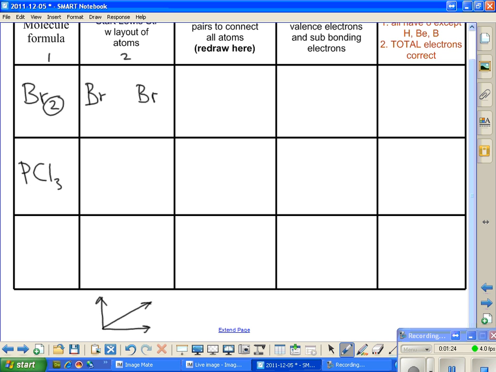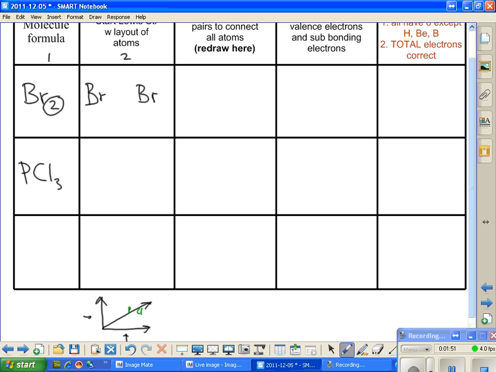So as we go up a column, the electronegativity is going to get bigger as we go to the top. The row will get bigger as we go to the right. So as we look at phosphorus, phosphorus would be right about here in the periodic chart, and chlorine would be to its right on the same row.